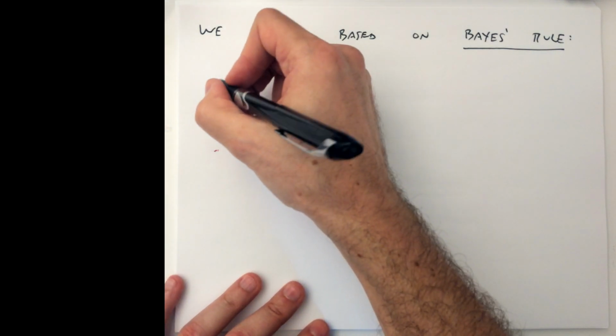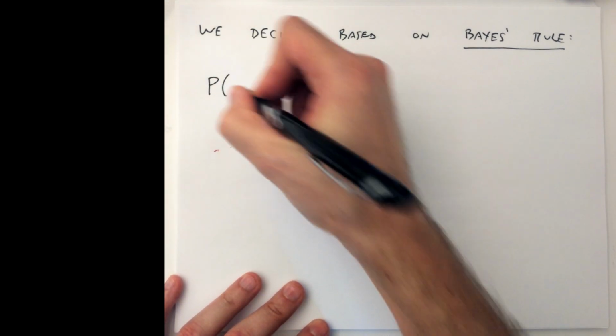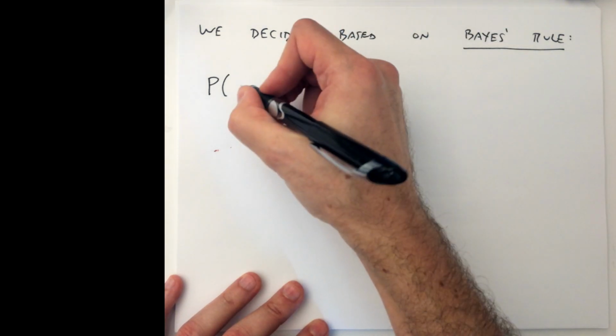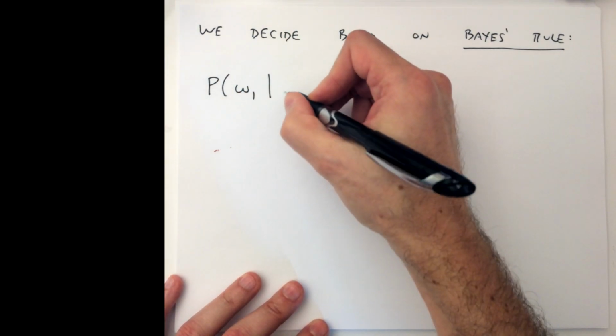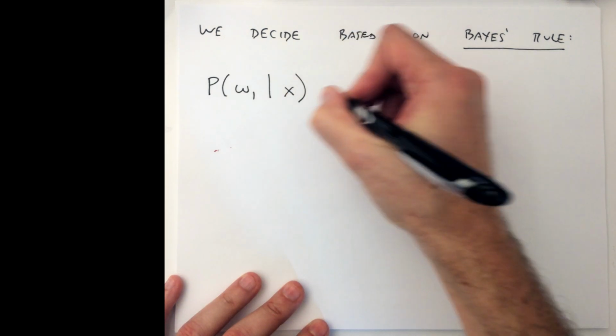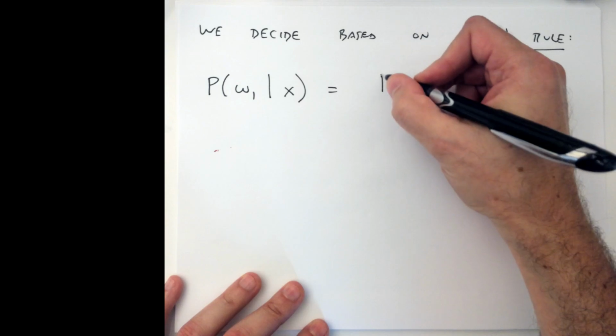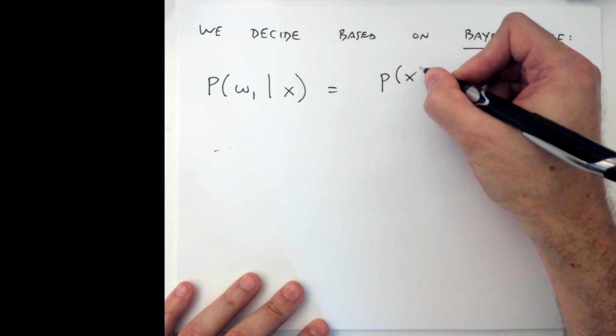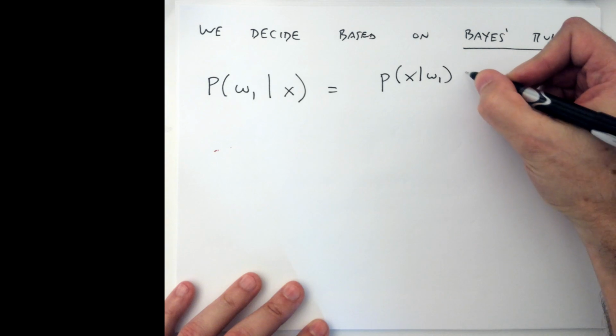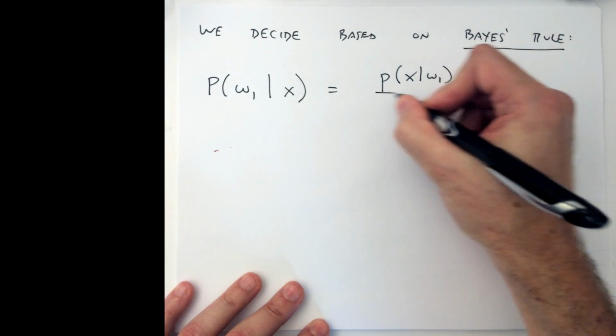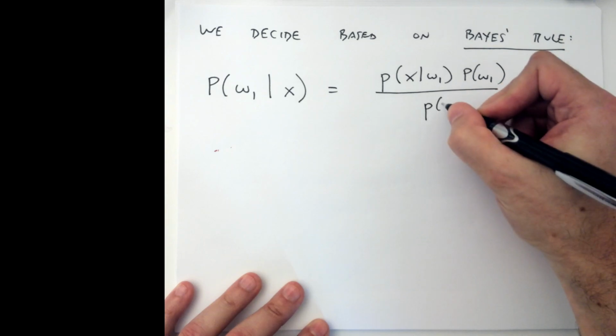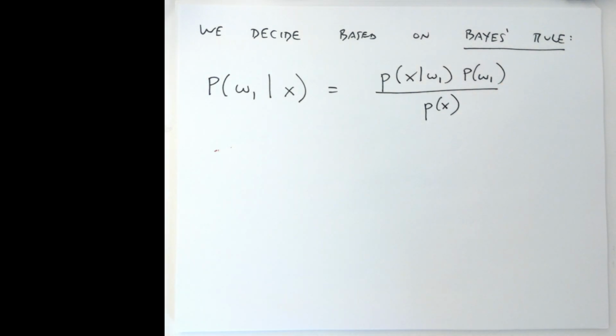Bayes' rule basically says the probability of salmon given the feature is equal to the PDF of the feature given the class times the prior of the class, over the PDF of the feature, like this.